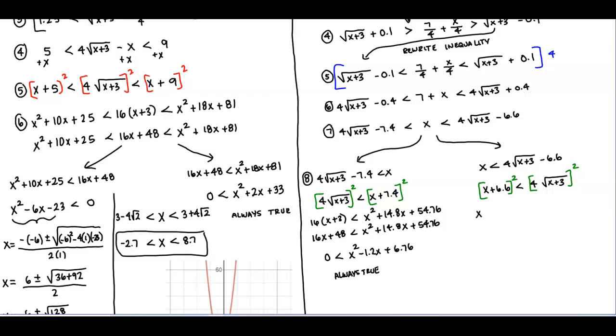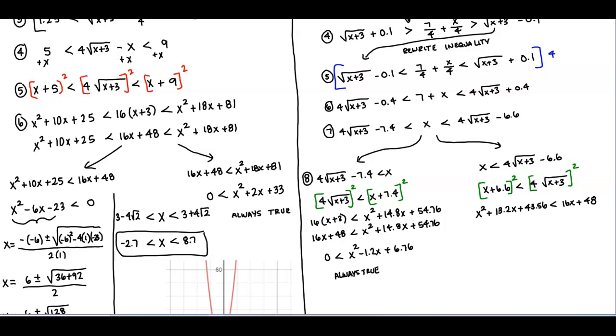So we're going to get x squared plus 13.2x plus 43.56, and that's going to be less than 16x plus 48, which is what we got in the previous one.